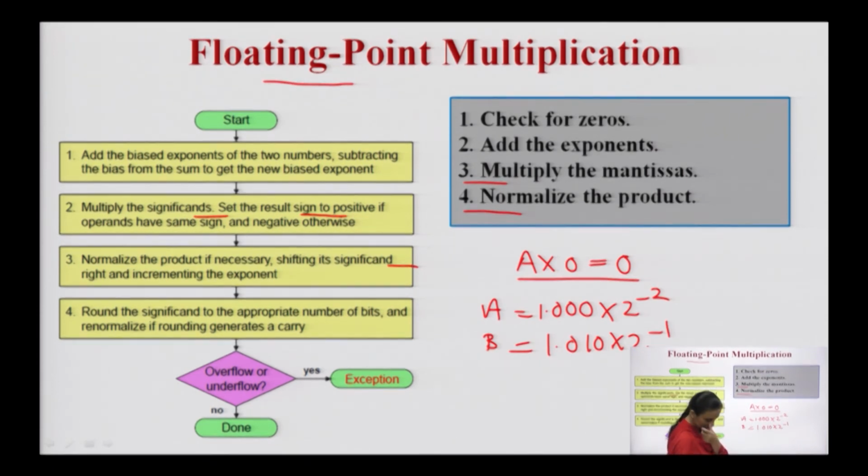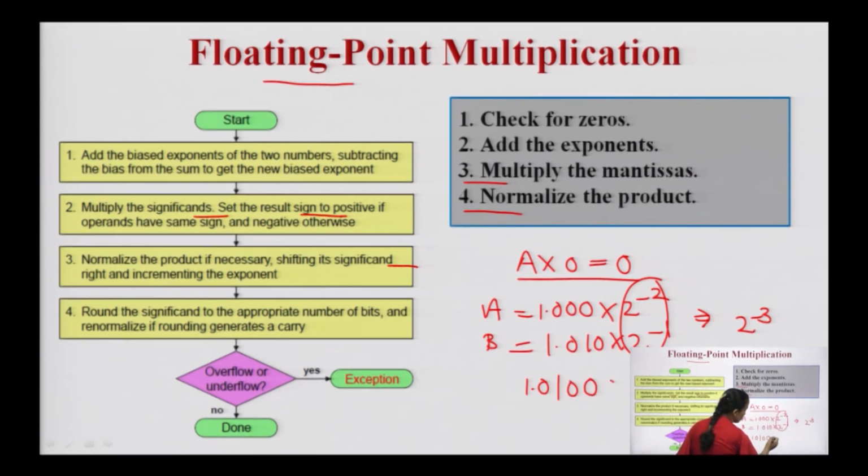Then after multiplication, first the exponents will be added, giving 2 to the power minus 3, and on multiplying them I will get the result as 1.01 followed by 4 zeros into 2 to the power minus 3. So here I will check for normalization, and the number is normalized.